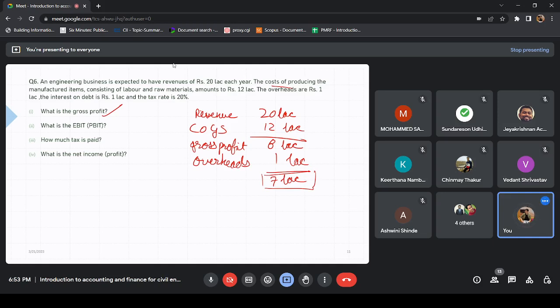You had gross profit, then you subtracted the indirect costs, so what you are left with are your earnings before interest and taxes. Now let's pay the interest that we have to pay, 1 lakh.